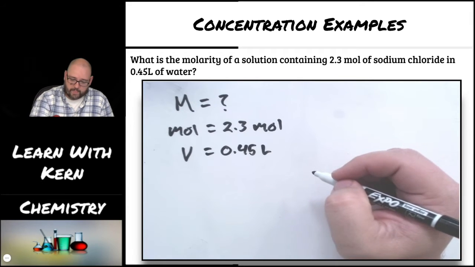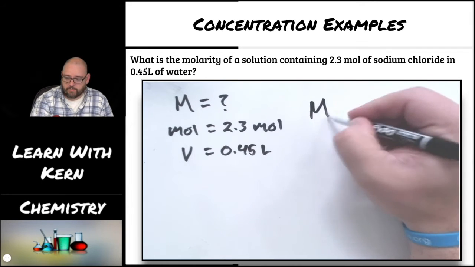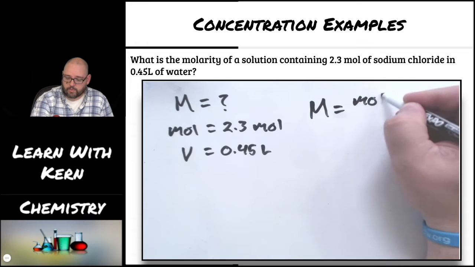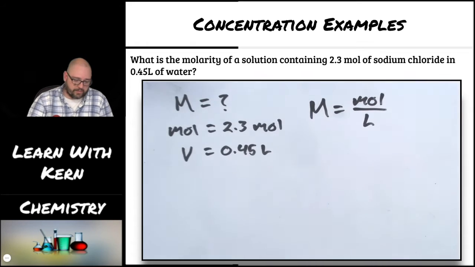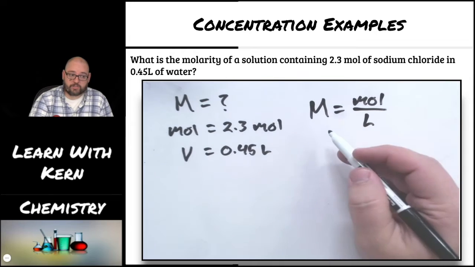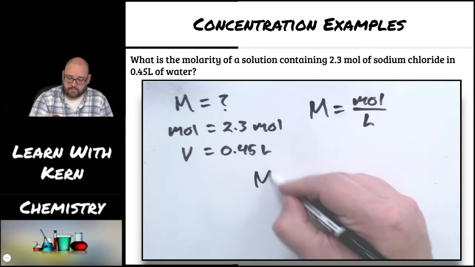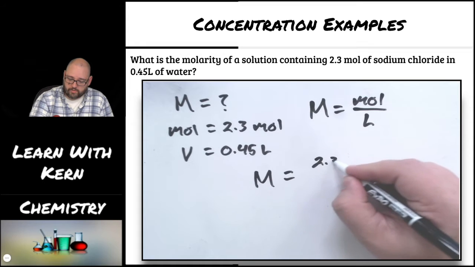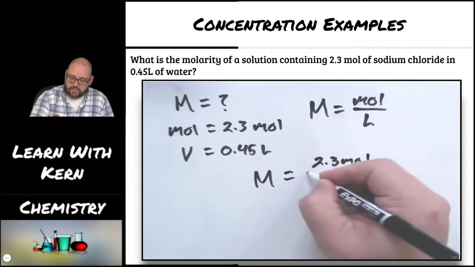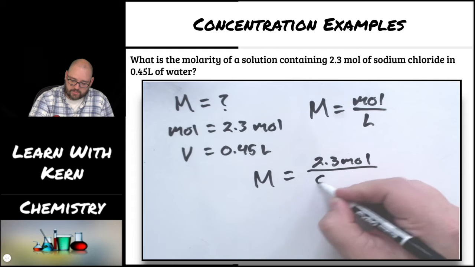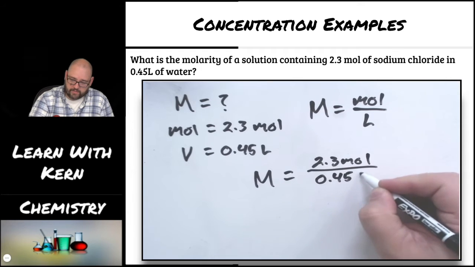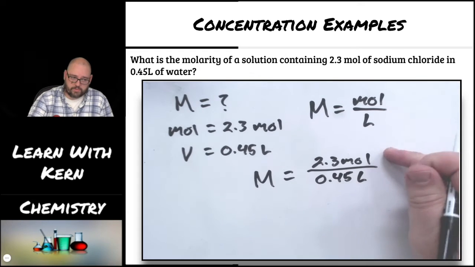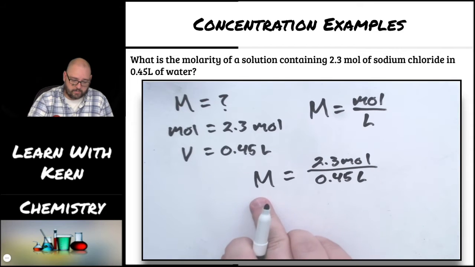If my equation is molarity equals moles divided by liters, then I just plug into my equation. My molarity is going to be equal to 2.3 moles divided by 0.45 liters. Moles divided by liters is molarity.